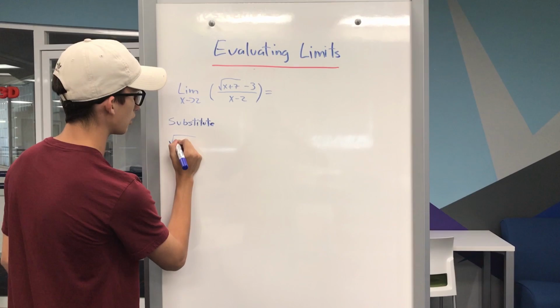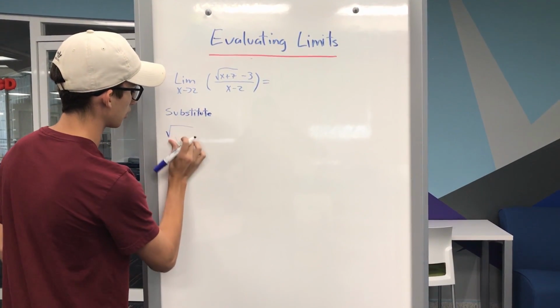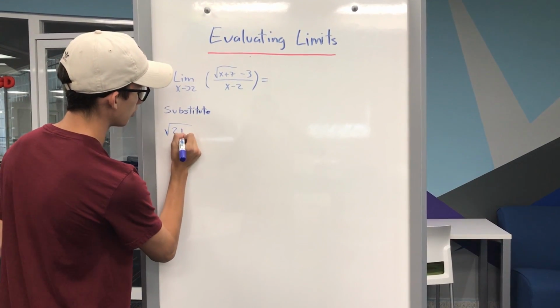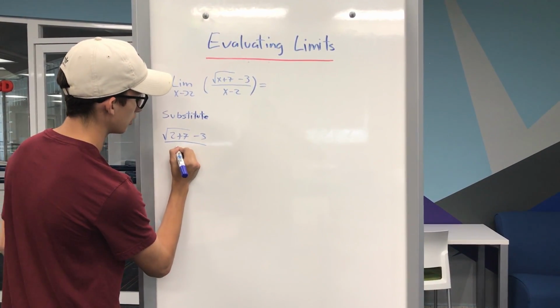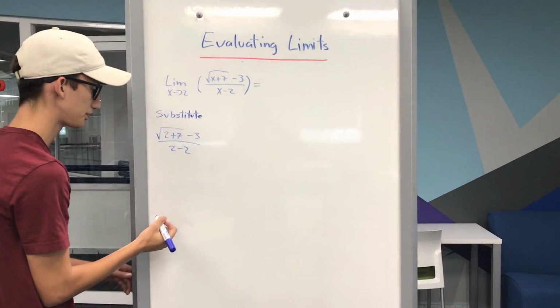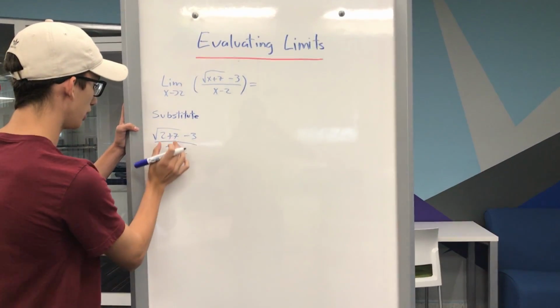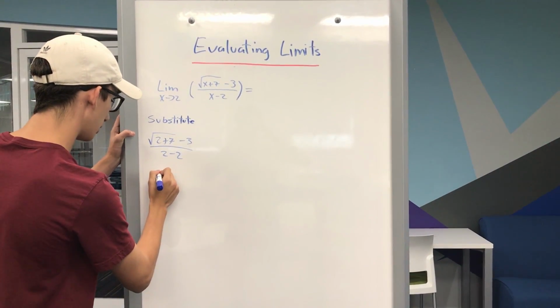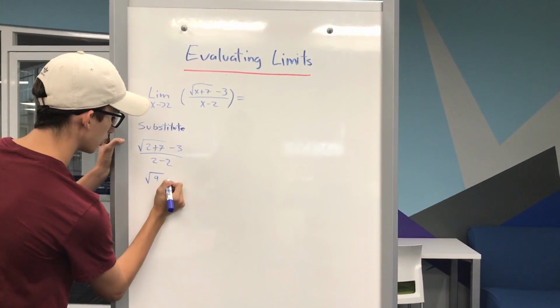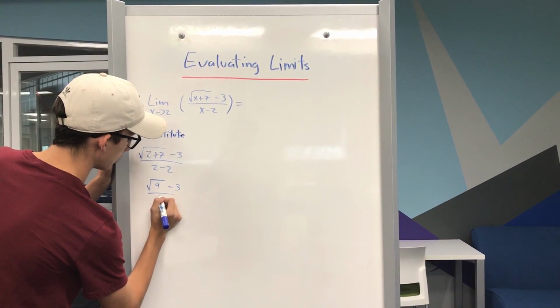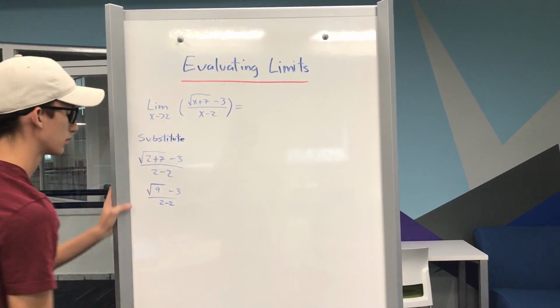So it's the square root of 2 plus 7 minus 3 over 2 minus 2. We add this up. So there's the square root of 9 minus 3 over 2 minus 2.